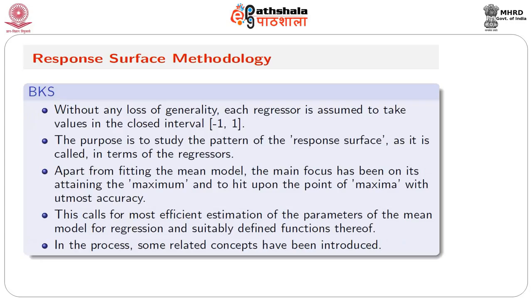Okay. So without any loss of generality, because every regressor is quantitative, we can assume that it takes values in the closed interval -1 to 1. The idea is, if any regressor x is in the closed interval a to b, then (x minus a) over (b minus a), that is the standardized version, is between 0 and 1.